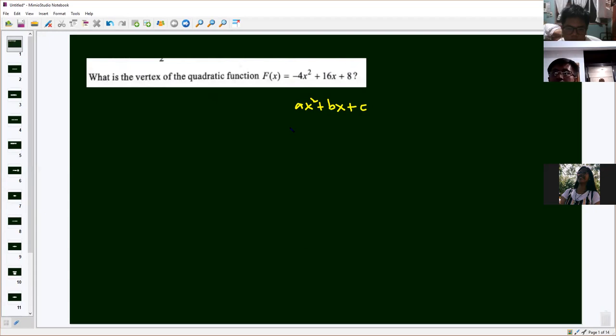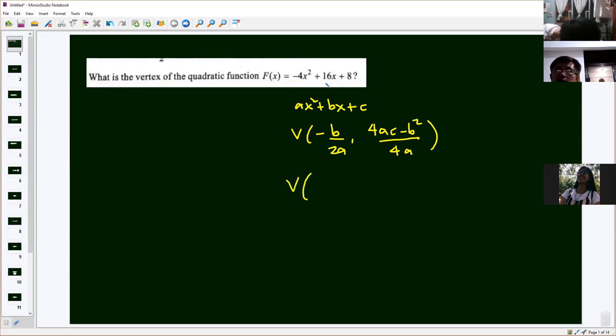There's an easy way: the vertex x is negative b over 2a, and then the y is 4ac minus b squared over 4a. Negative b over 2a is easy: that's negative 16 over negative 8, that's 2. So all the answers you sent have 2.